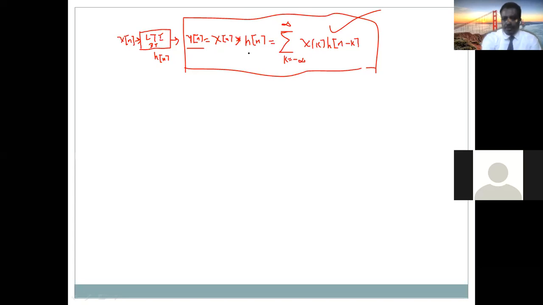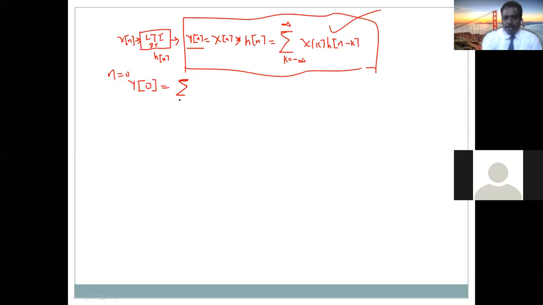There are many methods, as I said, to calculate this summation. You can use this definition also. For example, to calculate the output at time 0, when n is equal to 0, what will be the output? Use this formula. What is the convolution sum formula?